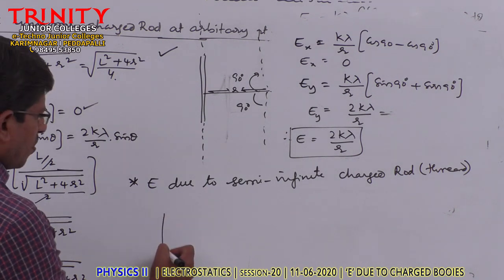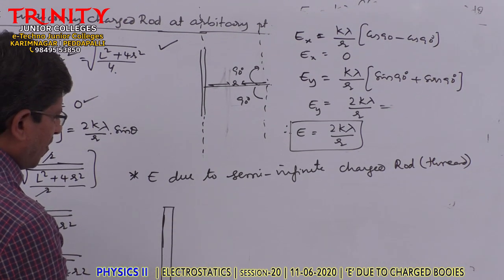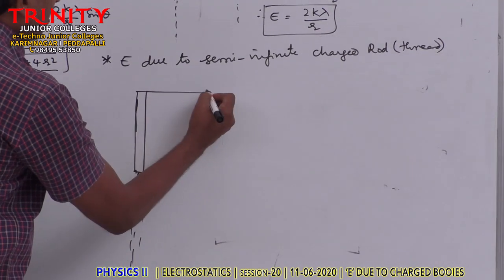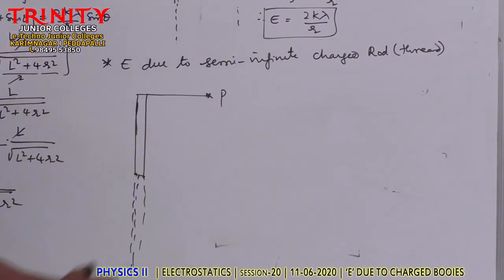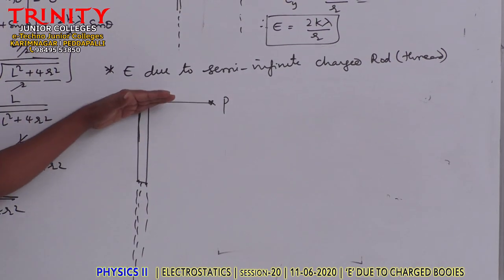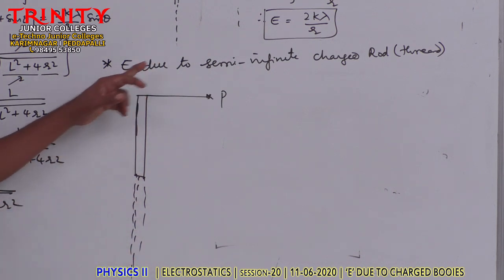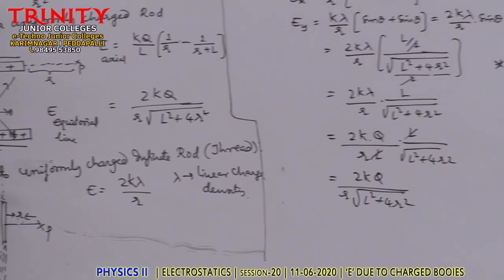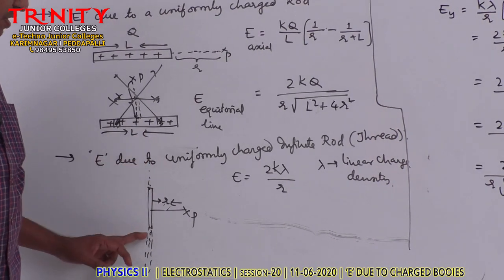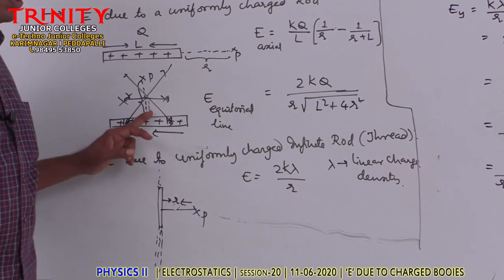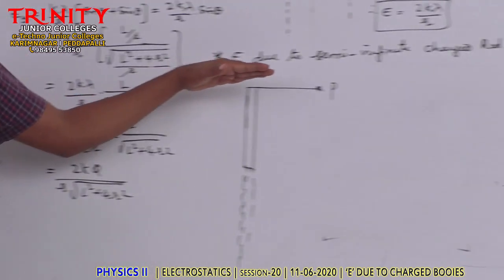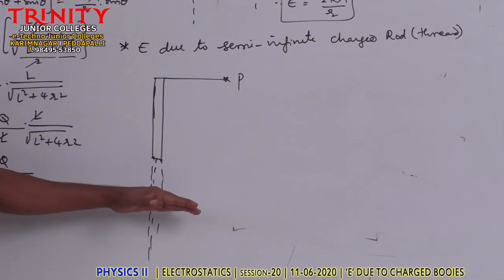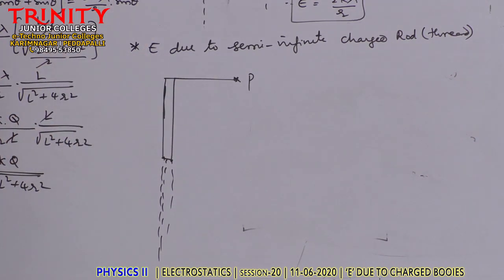That means the rod is like this, it is semi-infinite, meaning the rod extends up to infinity and the point where we want to find the intensity is at one of the ends. Therefore this is called semi-infinite. While deriving the previous equation, remember we integrated from minus infinity to plus infinity, because it is infinite in this direction and also in this direction. But here it extends only in one direction to infinity, and the result for this we can obtain from our previous formulas without derivation.